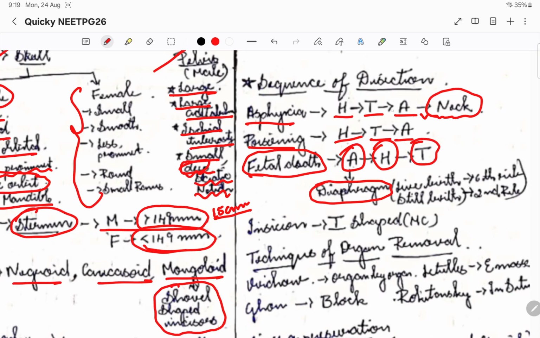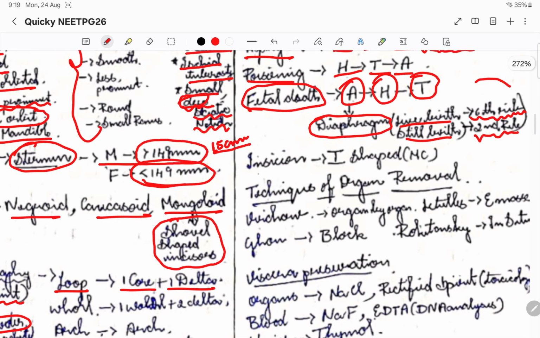HTA in asphyxia and poisoning, whereas for fetal death it is going to be abdomen first. In live birth, the diaphragm will be at the sixth rib because the baby has taken a breath and the diaphragm has come down, whereas in stillbirth, the baby has not taken a breath and it will be at the second rib position. So this is the thing with fetal death.